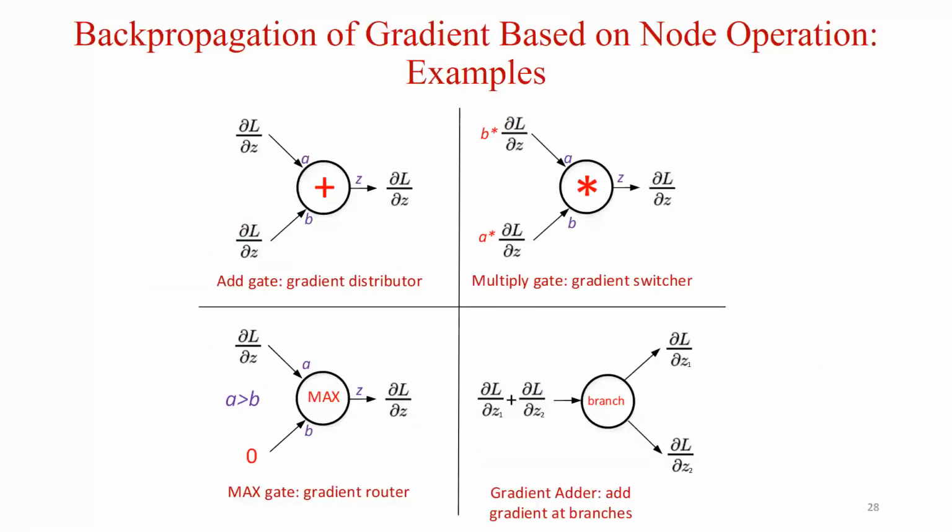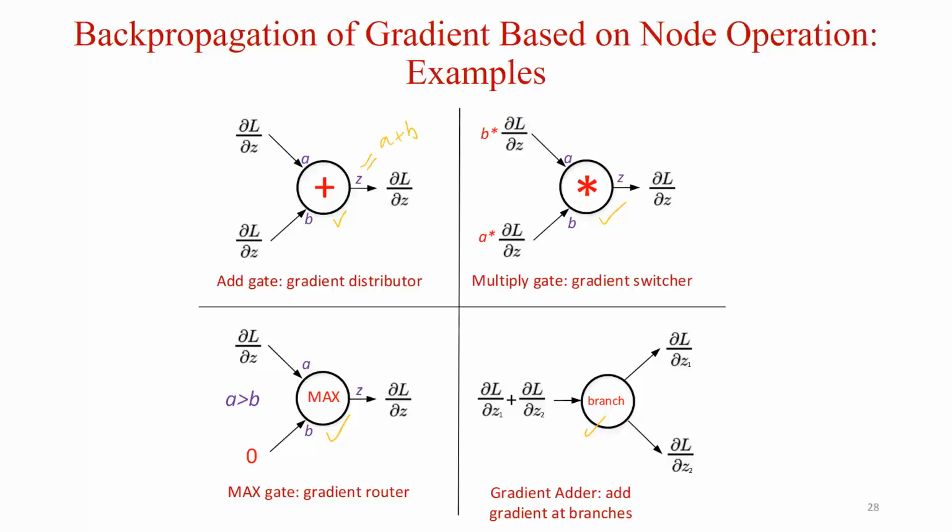Okay, so operations in these data flow nodes can involve addition, multiplication, max operation, branching, and so on. In this case you can see that z here is equal to a plus b.